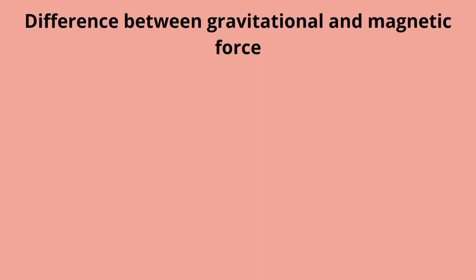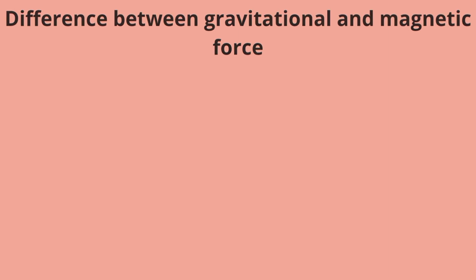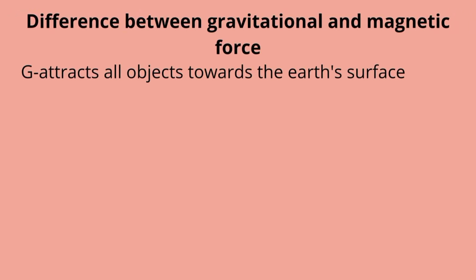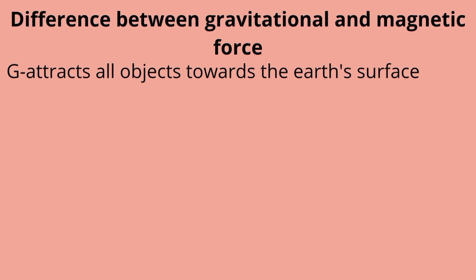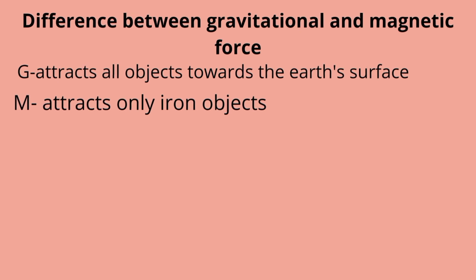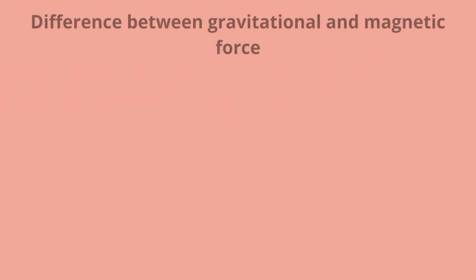We'll be seeing the difference between gravitational force and magnetic force. Gravitational force attracts all objects towards the Earth's surface. Magnetic force attracts only iron objects.